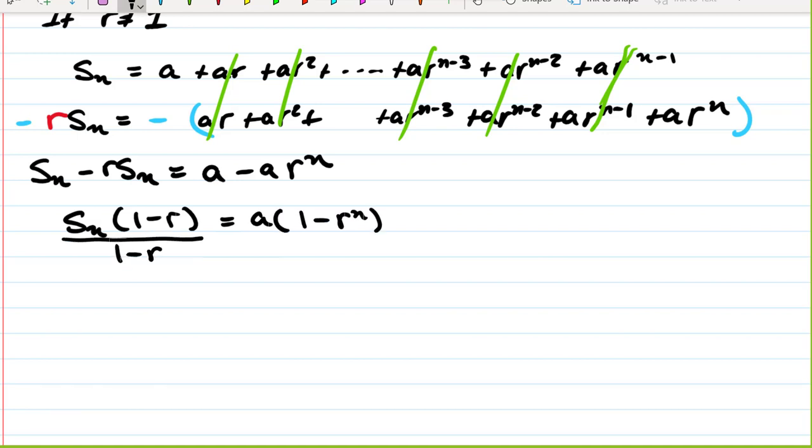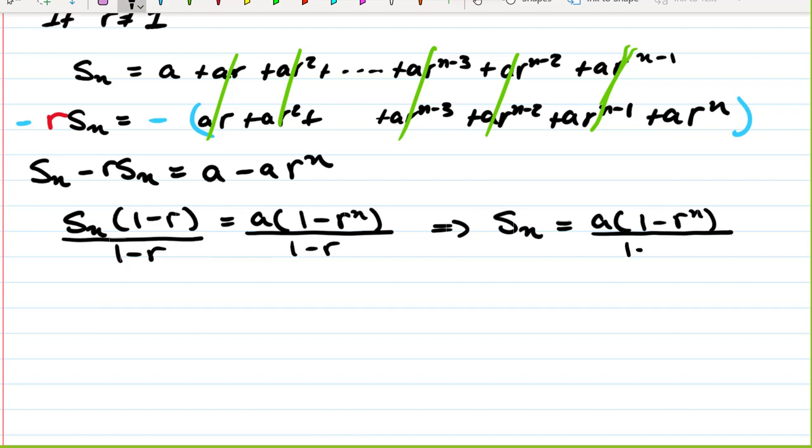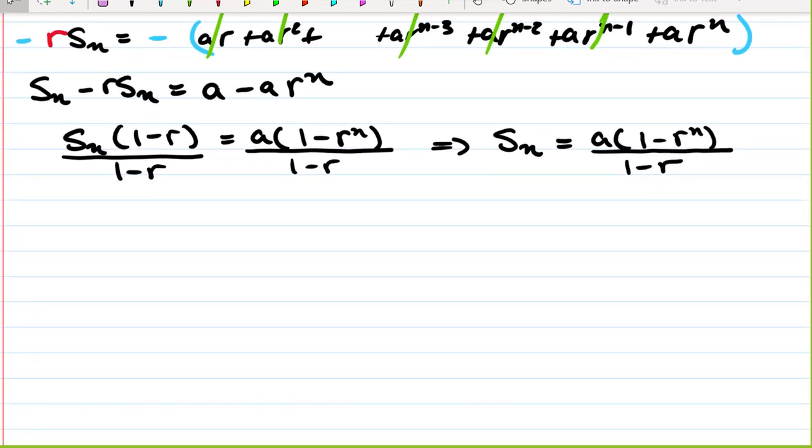And then I divide by 1 minus r on both sides, and that gives me that S sub n is equal to a times 1 minus r raised to the nth power, all divided by 1 minus r. So this gives us a formula for the partial sums of a geometric series.